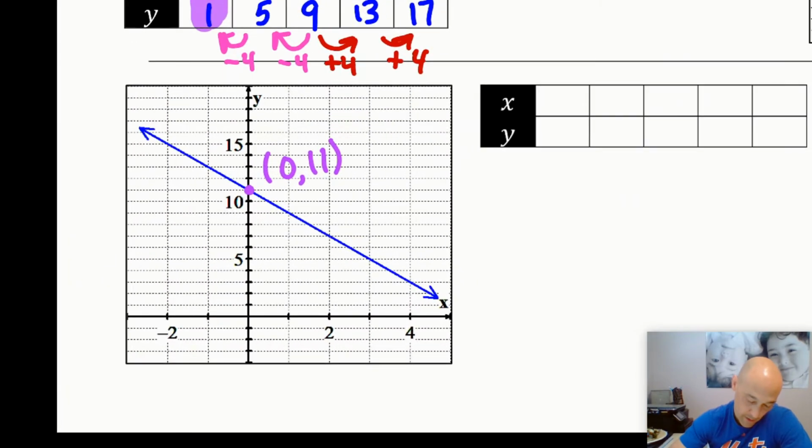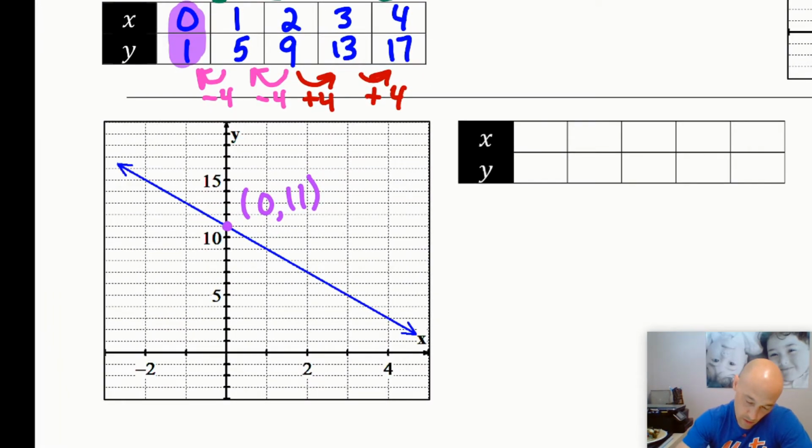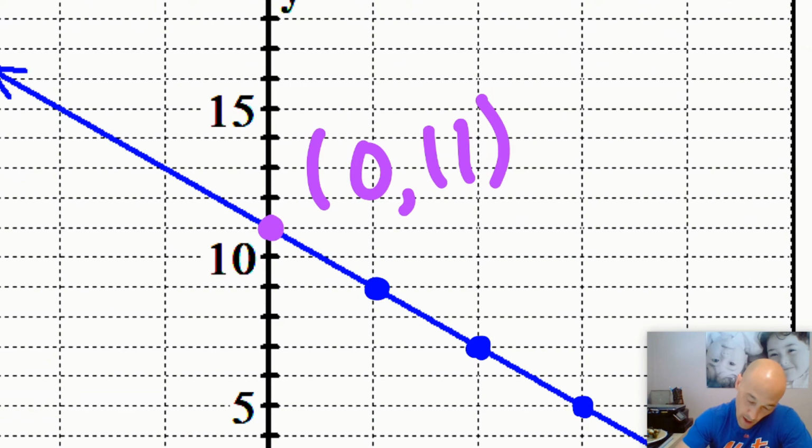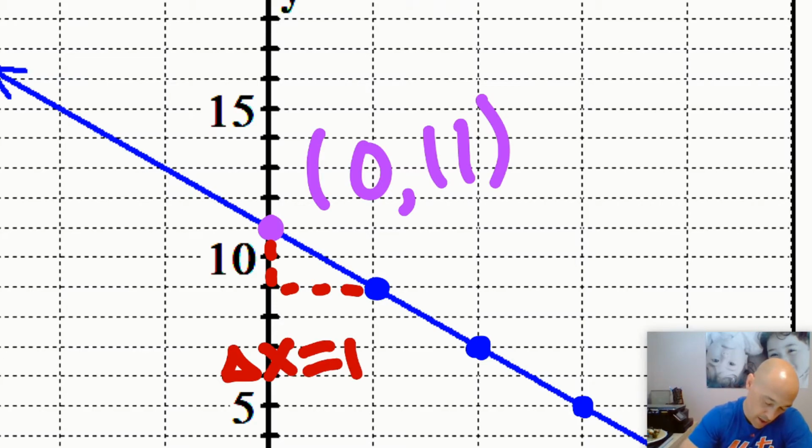All right, so here we have our y-intercept there. And these are all the points where the line is crossing the corner of the grid, okay? I can also put in my slope triangle here. My delta x is equal to 1. My delta y is equal to -2.